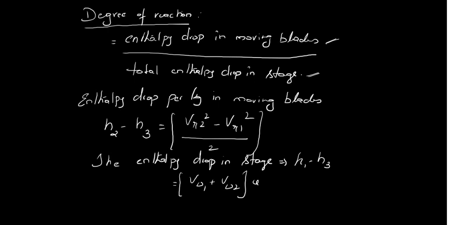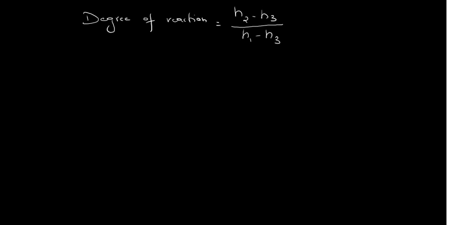Now, can I represent these two and get the relation for the degree of reaction? Yes. Now, the degree of reaction equals H2 minus H3 divided by H1 minus H3. Now, what is the relation I have for H2 minus H3?